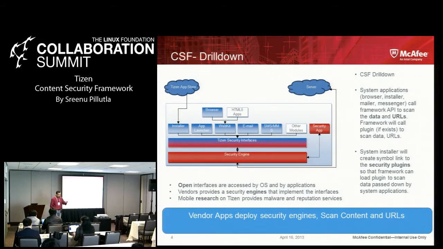And when, for example, the installer, application launcher, or emailer wants to scan content, or a browser wants to scan a URL, it basically calls the APIs of the security framework, which in turn loads the engine, and the engine basically does the scan of the content or data or URL. So it is basically two parts. The vendors develop the security engines, which help in actually performing the real action of scanning the content as well as the URLs.